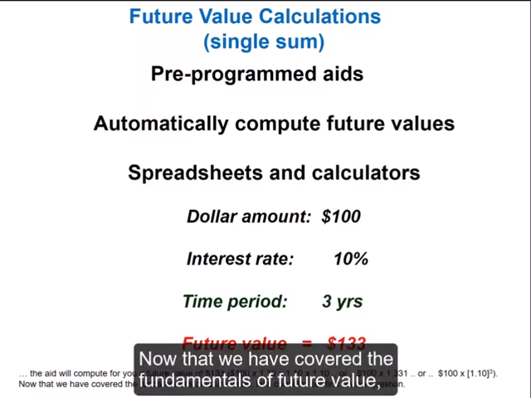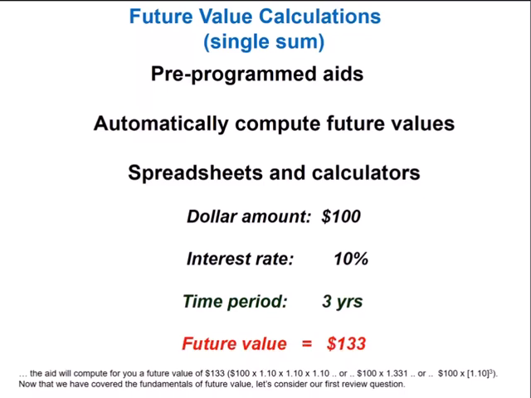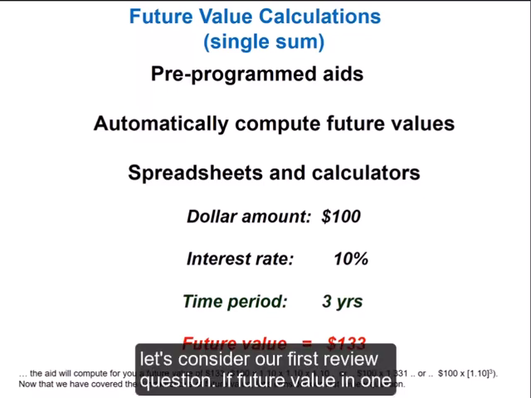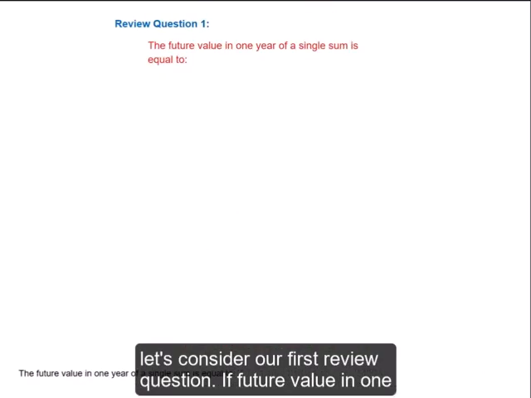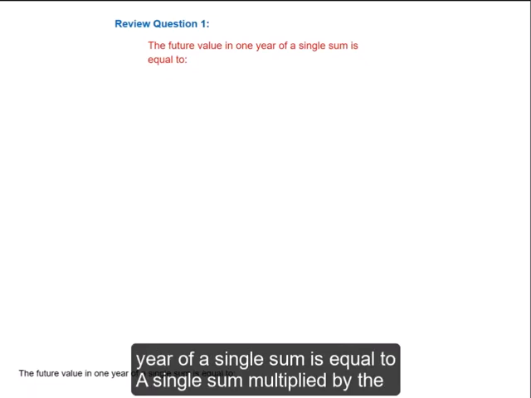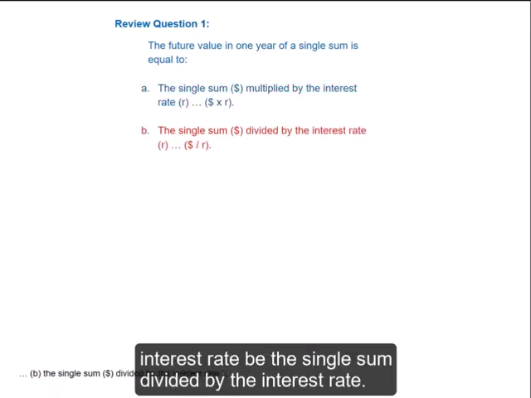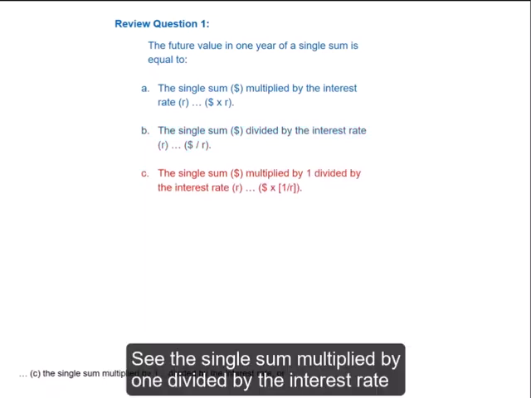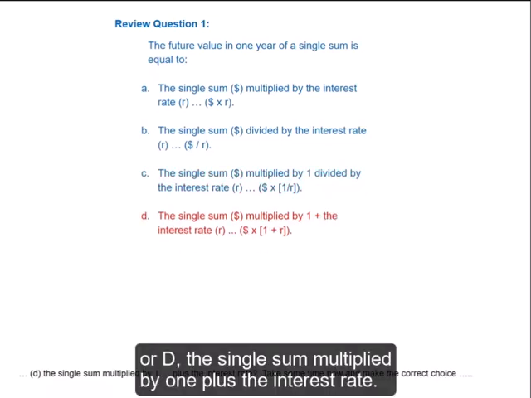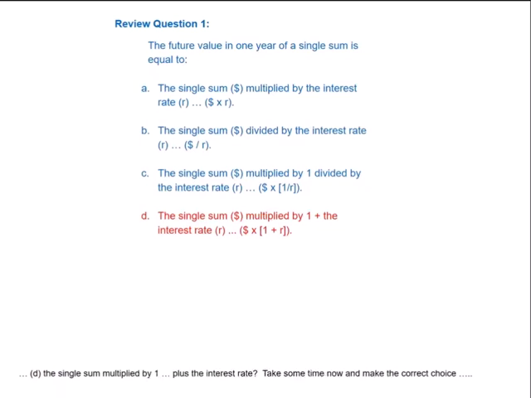Now that we have covered the fundamentals of future value, let's consider our first review question. The future value in 1 year of a single sum is equal to A, the single sum multiplied by the interest rate, B, the single sum divided by the interest rate, C, the single sum multiplied by 1 divided by the interest rate, or D, the single sum multiplied by 1 plus the interest rate.